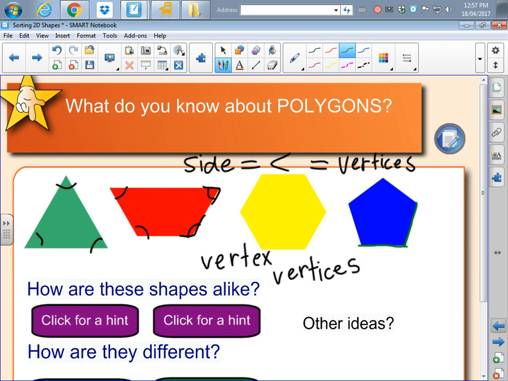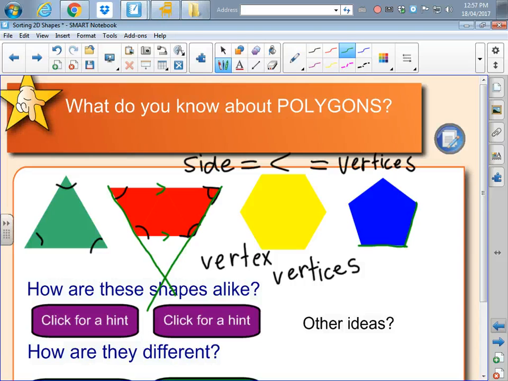Now, parallel lines. I can mark on my shape a little arrow that's telling me that those are traveling in that same direction and they never cross. These lines that are opposite, if I drew them forever and ever and ever, I extended them, those side lines are not parallel.